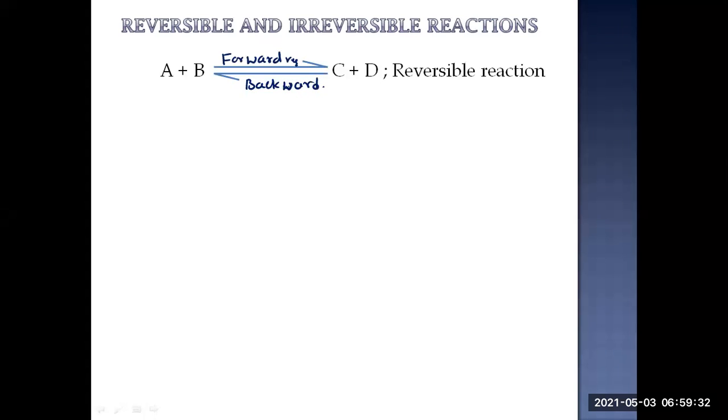Now, we would also say that in the forward direction, products are C and D, reactants are A and B. Whereas in backward direction, C and D are reactants, A and B are products. Correct? No? It all depends on where exactly reaction is happening. In the backward direction, C and D are reactants, so they are reactants. A and B are being formed, therefore they are products. No. So this is a reversible reaction. A reversible reaction is represented by the half-headed arrows in opposite direction. So that is reversible reaction symbol.